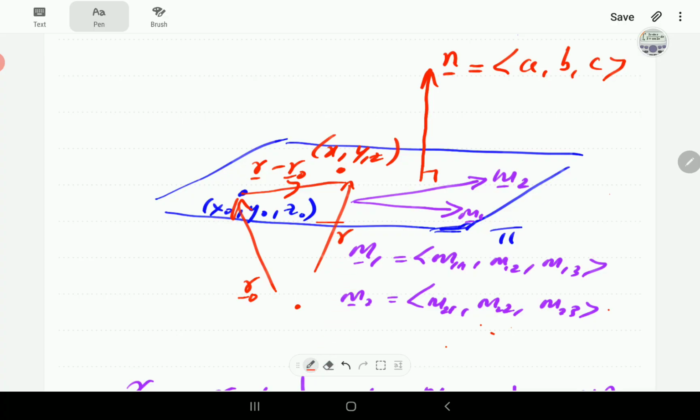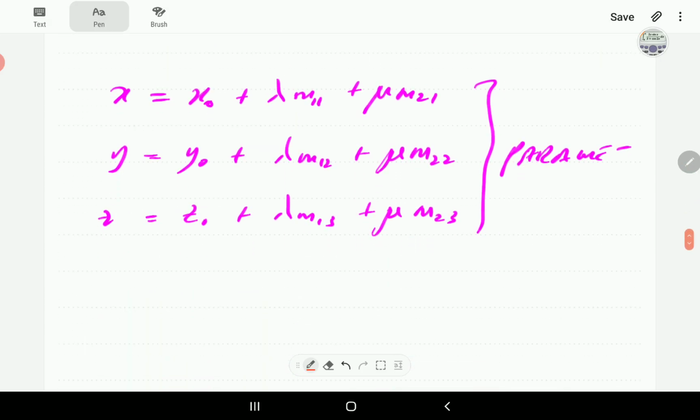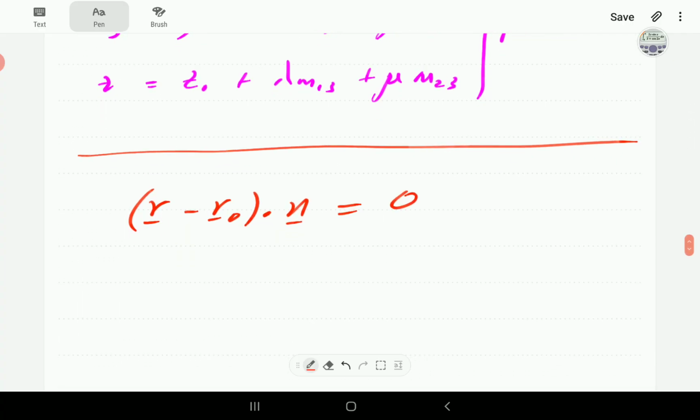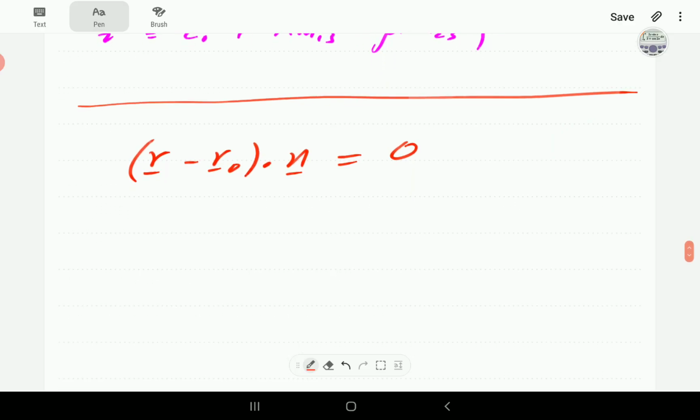Now this vector, because it's in the plane, is going to be perpendicular to the normal vector. So that means r minus r naught dot n is going to be 0, because the dot product of two vectors that are perpendicular is equal to 0.